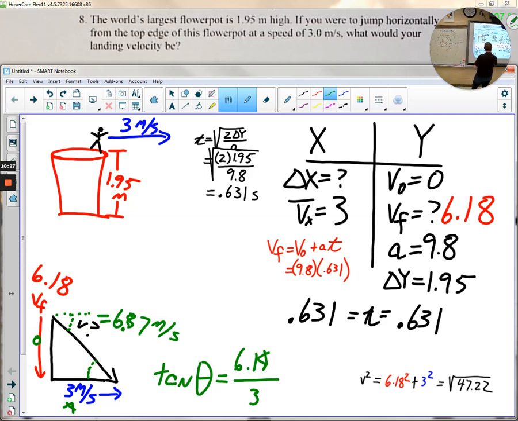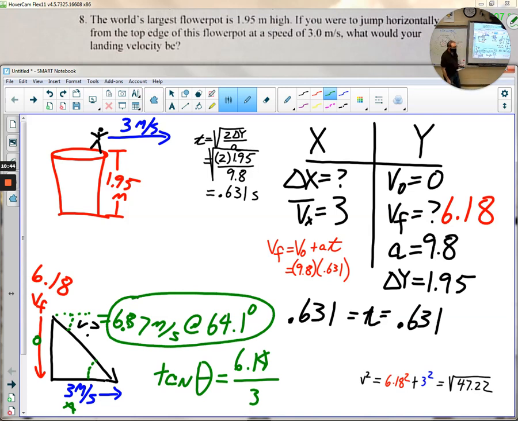Okay, so I'll go ahead and put in as my angle 64.1 degrees. And we could say north of horizon or from the ground level. But that is our answer. Before we move on to the next set of stuff, this is an excellent place to ask any questions you might have.